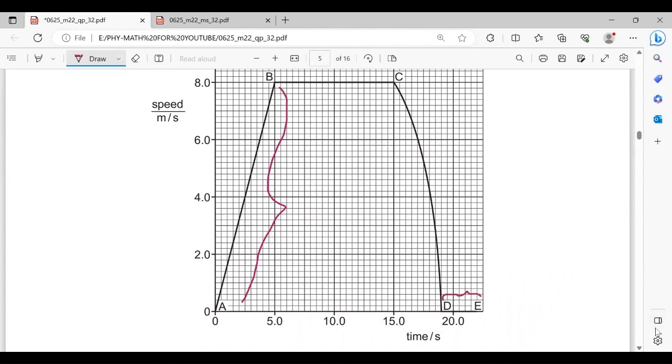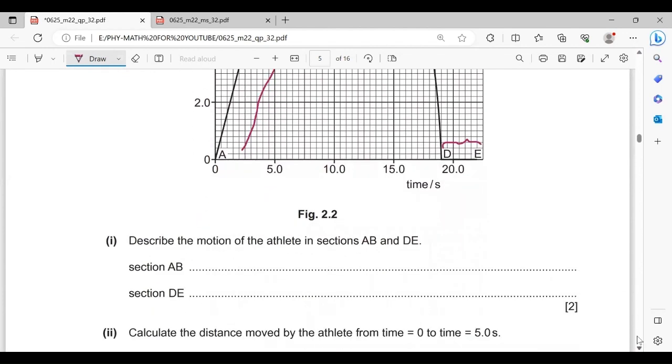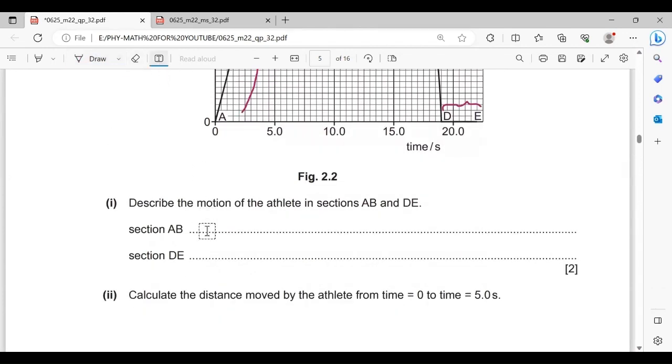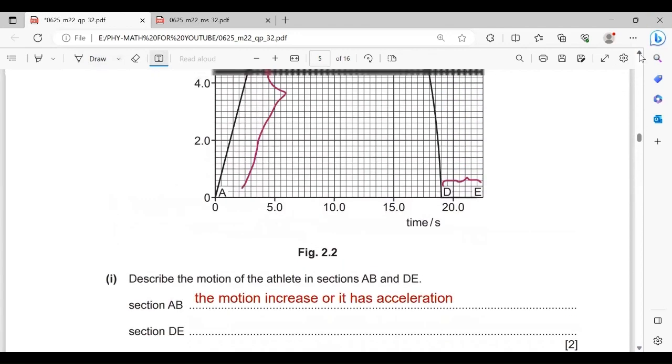At section A, B, the speed increases, or it has acceleration. So look at the graph.